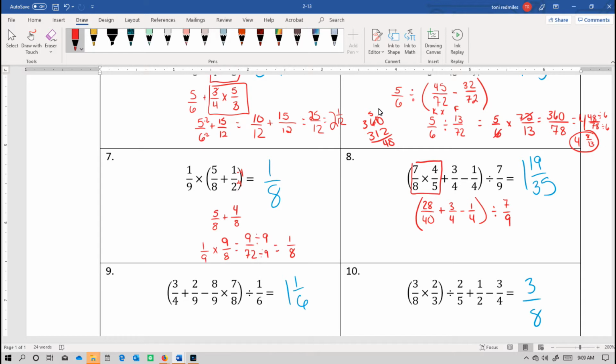Or I can reduce this fraction first. 4 goes into the top 7 times, and 4 goes into 40 10 times. So if I did that, I'd have 7 over 10, okay? Well, that doesn't really change it that much. My common denominator will be slightly smaller, but it doesn't really change too much.